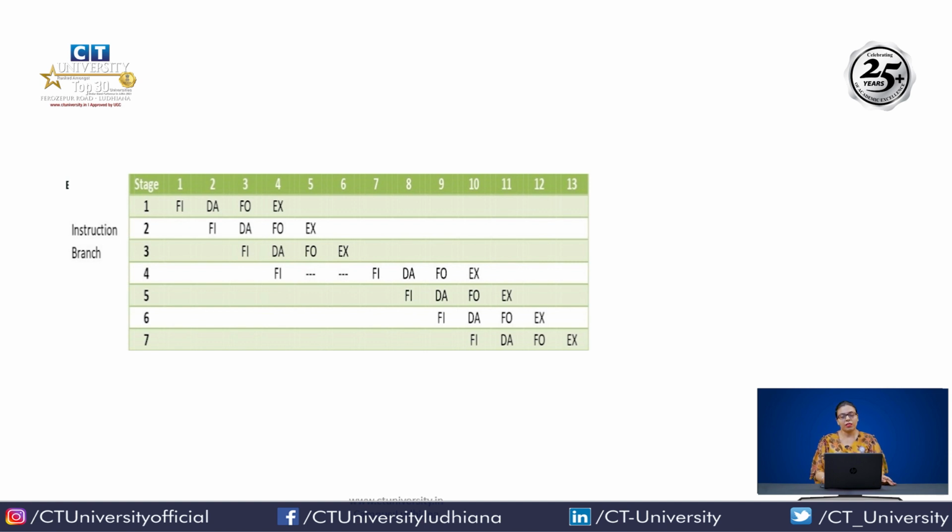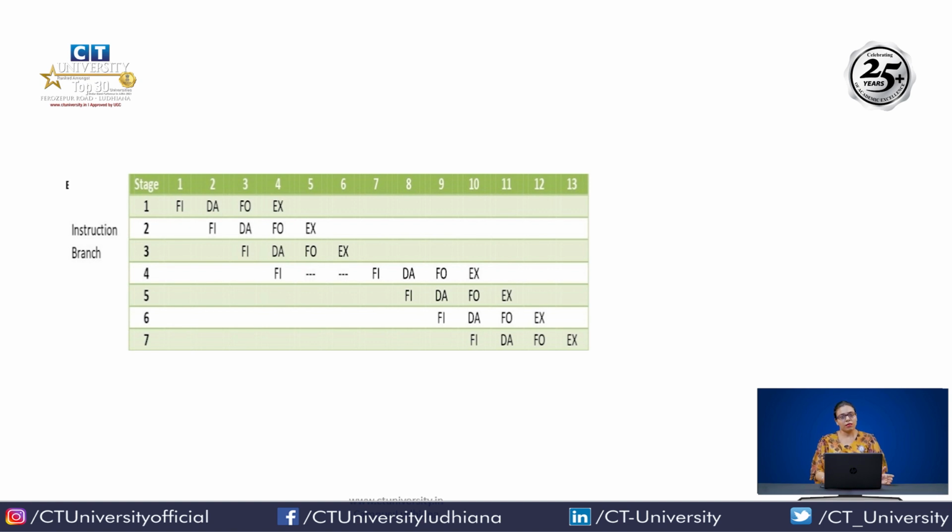The previous instruction gets the operand from the memory while the second instruction is decoded. The previous instruction is executed while the new one is fetching the operand. So there is a change in state, but the instructions proceed simultaneously. This is the concept of pipelining.